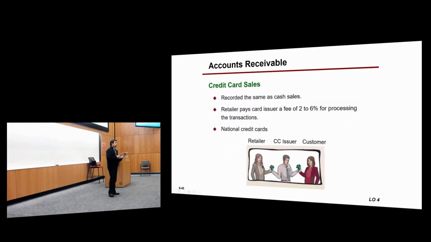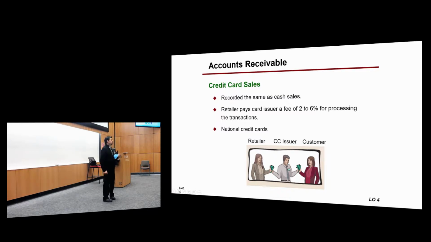Now, there's another way of disposing of accounts receivable, and this is credit card sales. If you go to Best Buy and you use your Visa card to buy something there, as far as Best Buy is concerned, they will receive their money as cash. However, it's not going to be the full amount.